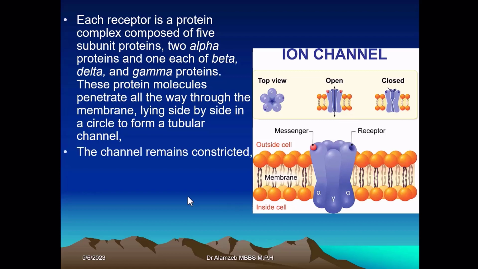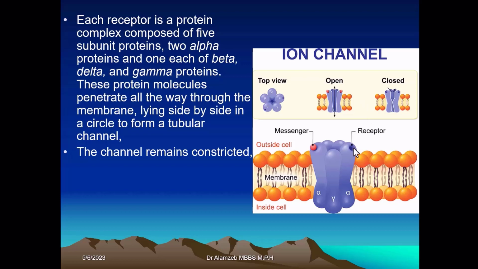In normal condition, the channel remains closed. When there is no activity in the muscle, this channel remains closed. Here you can see that the channel is closed. But when the action potential arises, the alpha channel makes a receptor for the acetylcholine, which is released from the neuronal end into the synaptic gutter.